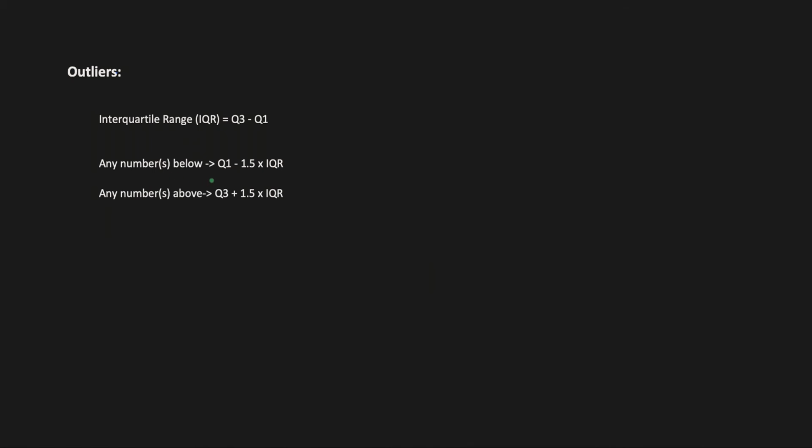So lastly, let's look at outliers. There are other ways to figure out what an outlier is, and it's a very important concept, because we do not want to take outliers into our calculation since they can skew our analysis.